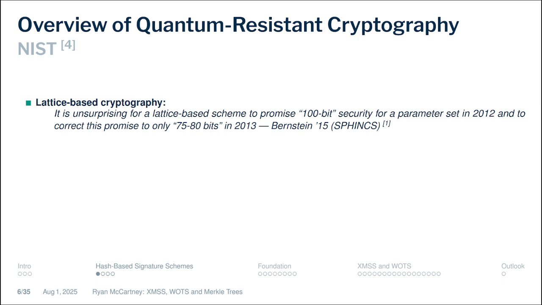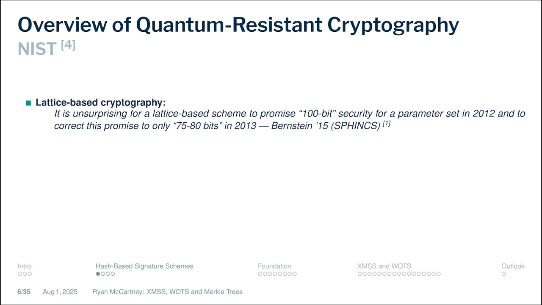Next I want to give you an overview of quantum resistant cryptography, which is the approach that NIST, the National Institute of Standards and Technology, published, on which categories we could look at to solve this quantum problem. The first one is lattice-based cryptography. I won't go into detail on these other categories other than hash-based signatures.